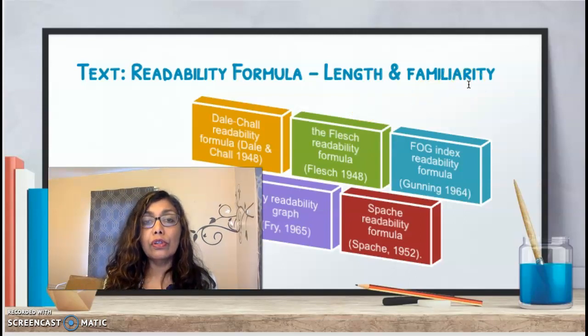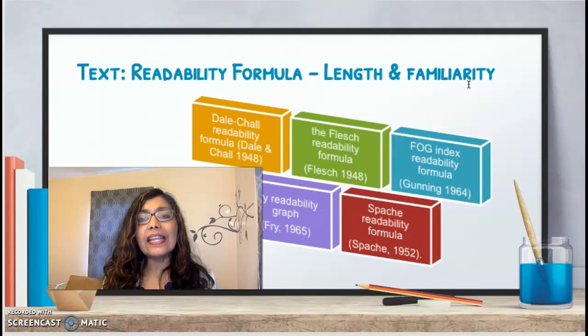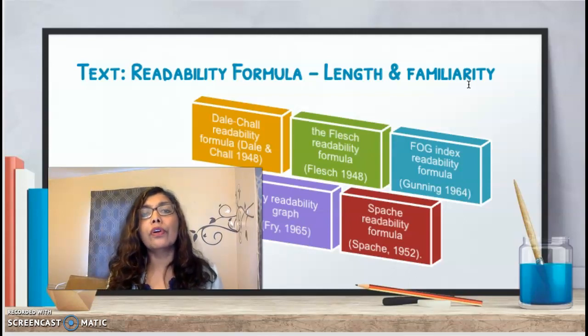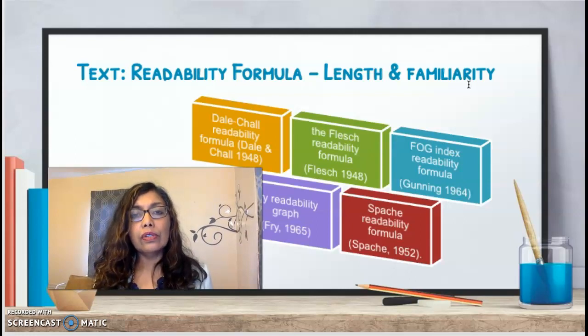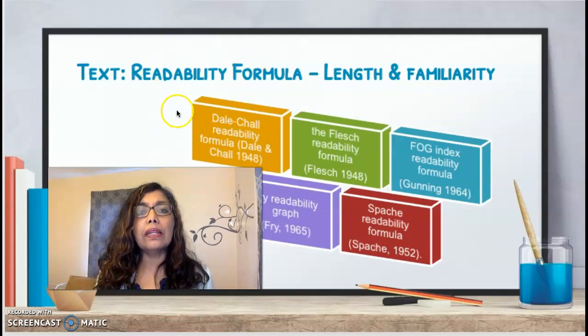You can also use Lexile scores to find text that is readable for your student who you're teaching to read. So that's what readability is all about. So for the text, consider the readability.